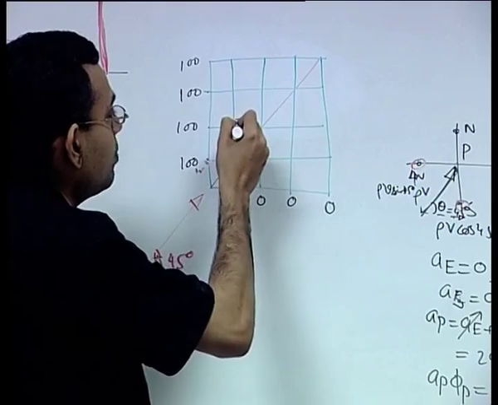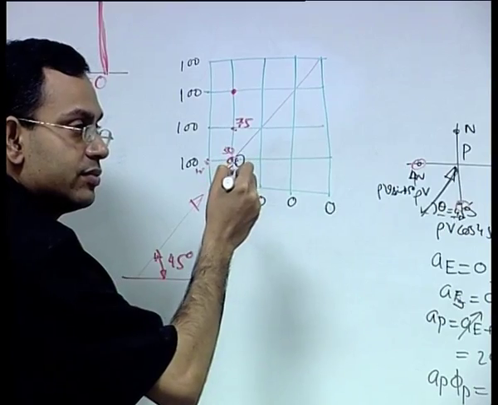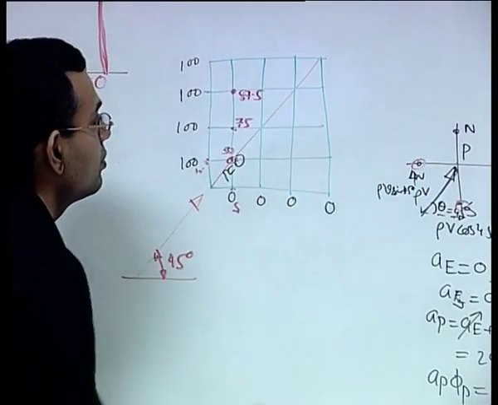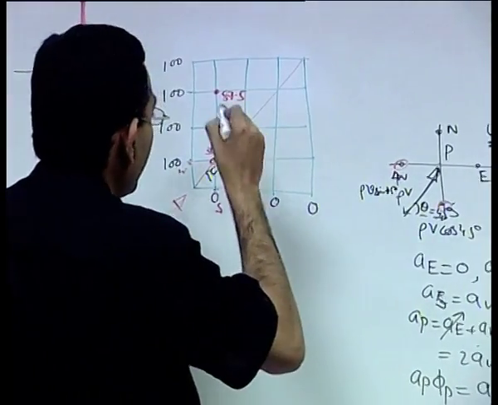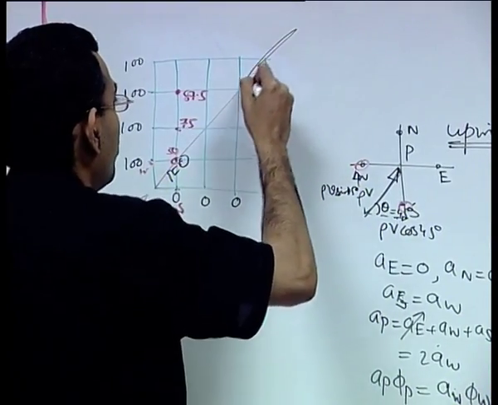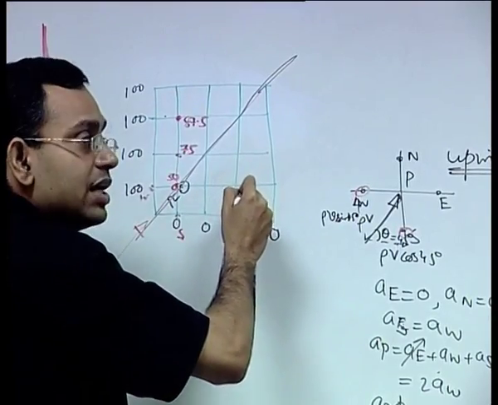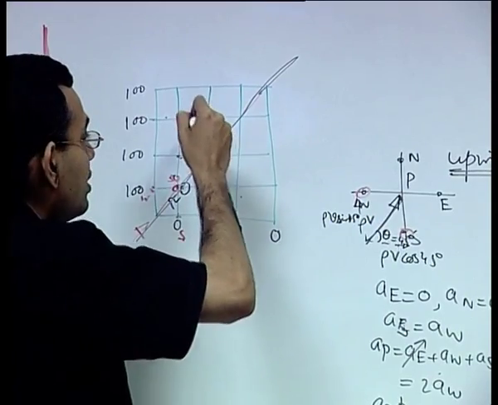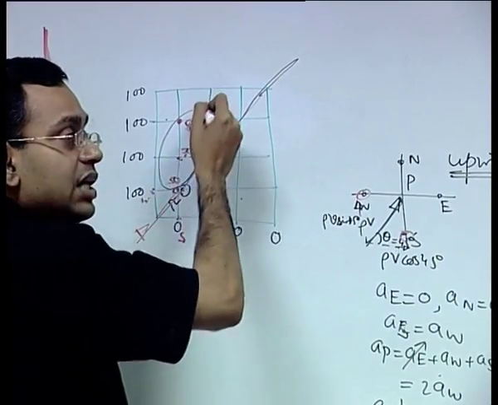Then this is (100 plus 75) by 2, 175 by 2, which is 87.5. So you can see what you expected: on one side of the diagonal temperature will remain as 100, on the other side it will remain as 0, because there is no diffusion across it, but that is violated. Now you are having a false diffusion, because of which there is a gradient in temperature on this side.